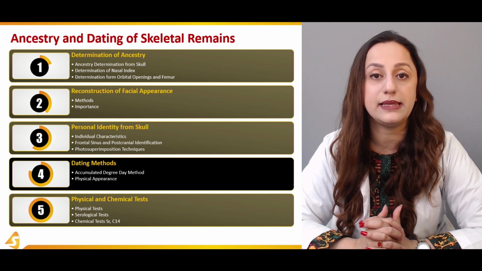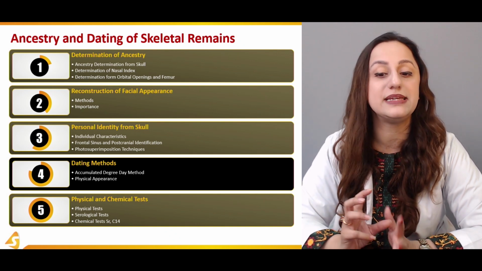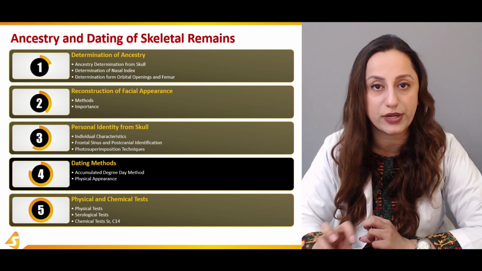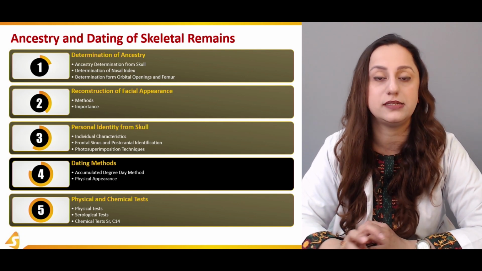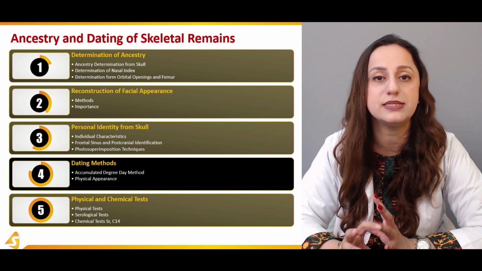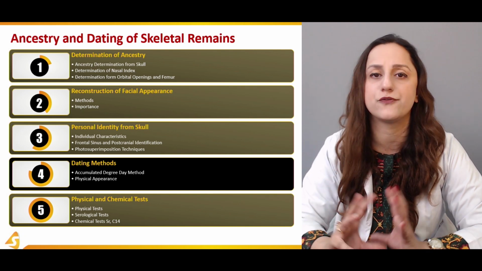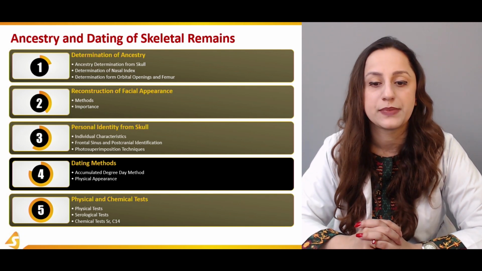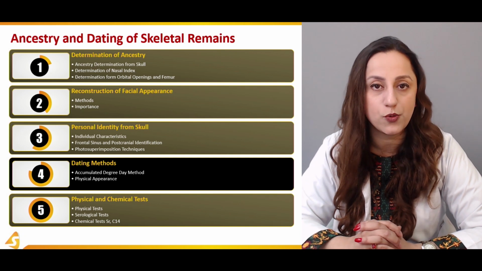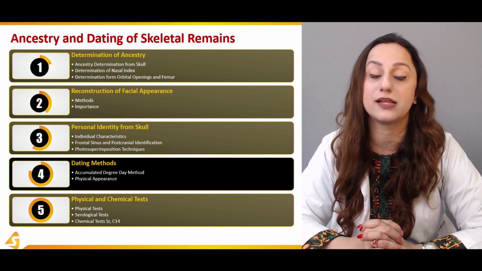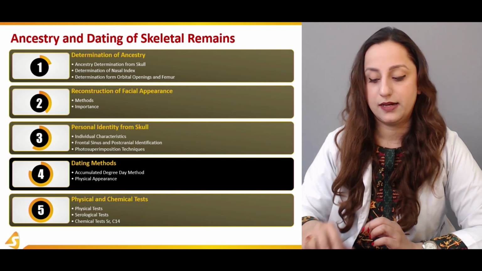And this causes these degree day methods. They have their own scoring methods, and the time since death can be calculated through these degree day methods through tables and formulas that are devised. So the physical appearance of the bones is very important whenever we are calculating the time since death.